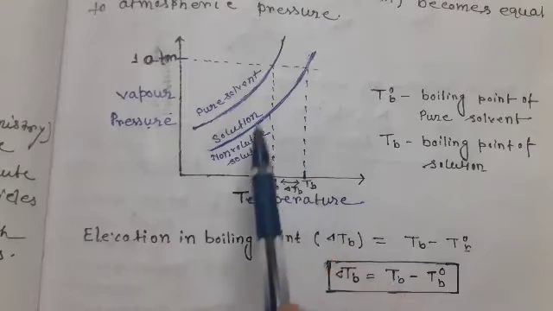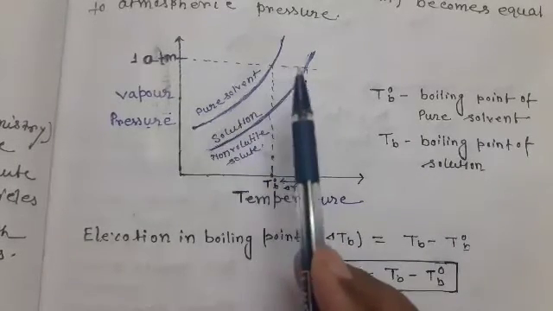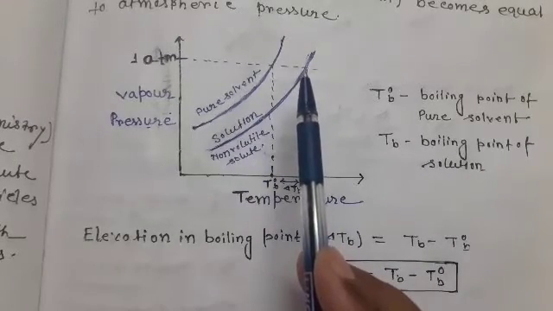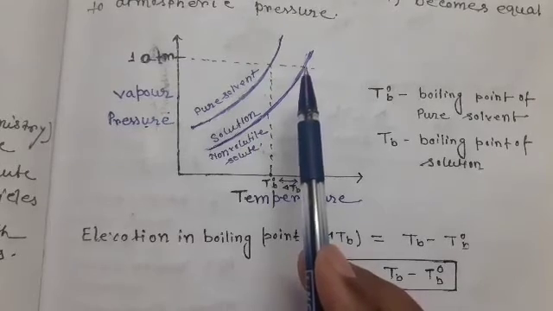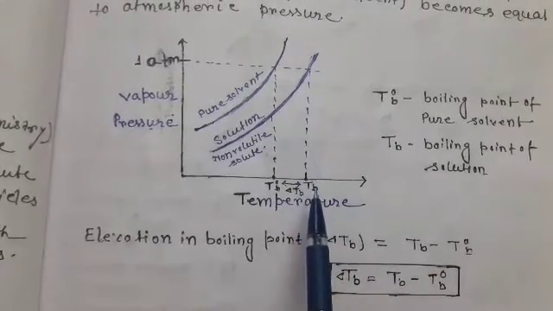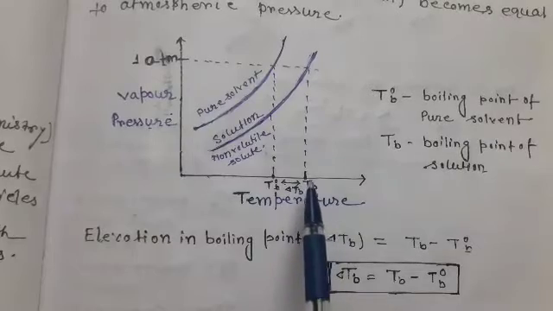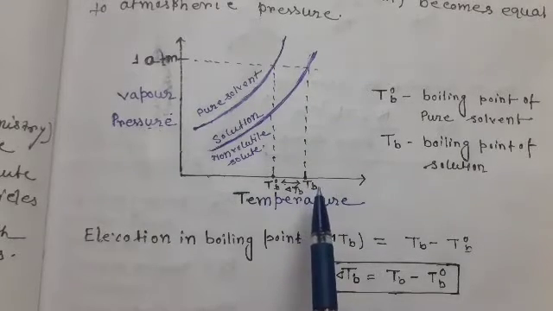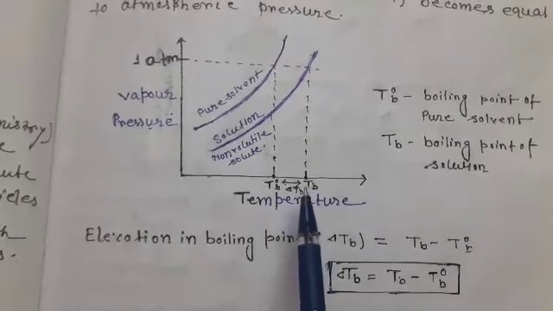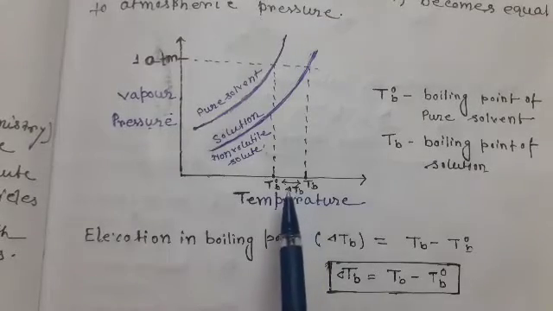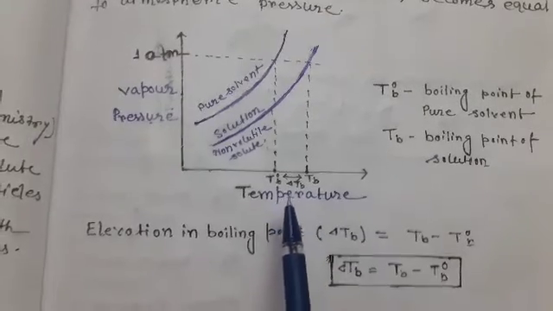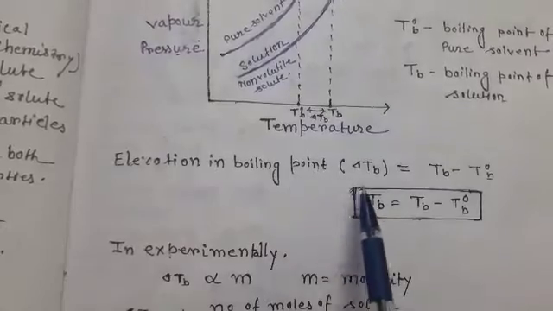At this point, the solution vapor pressure and atmospheric pressure become equal. That is why this is the boiling point of the solution, and this temperature is denoted by Tb. Here Tb is the boiling point of the solution, and the difference between them is denoted by delta Tb. Here delta Tb is the elevation in boiling point.